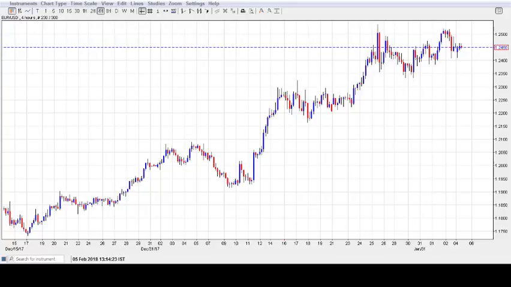Okay, that's the hourly chart now. We don't have a specific boundary in place.